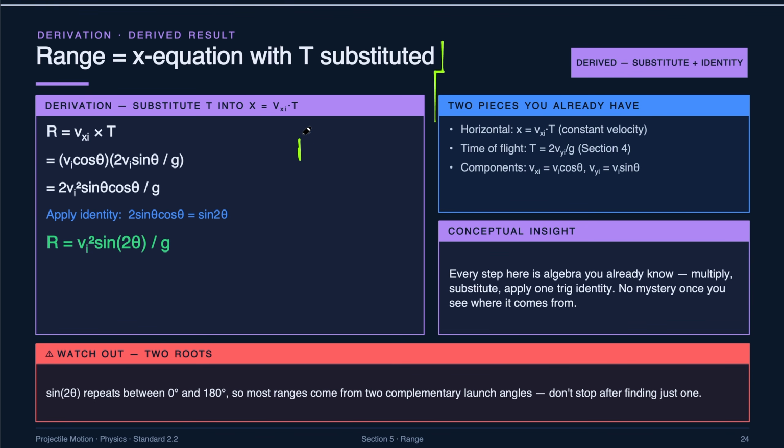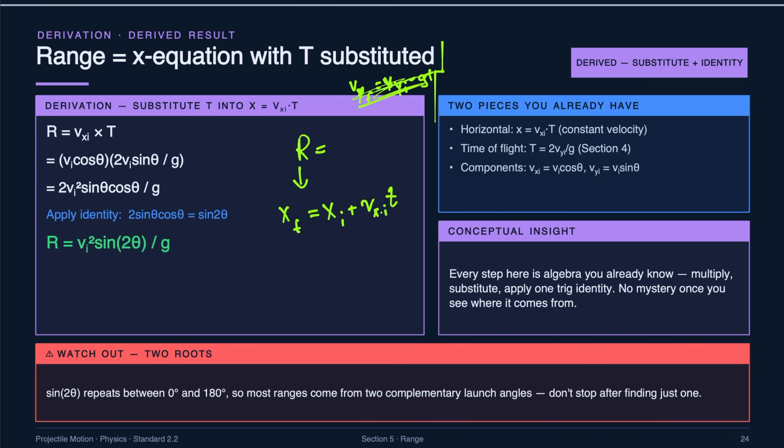So range comes out of the simple x position equation: xf is equal to xi plus vxt. This can be vxi or vxf. It doesn't really matter, because they're both the same. But for y, you know how this changes, right? vyf would be vyi minus gt, because it changes. But just look at this for now.